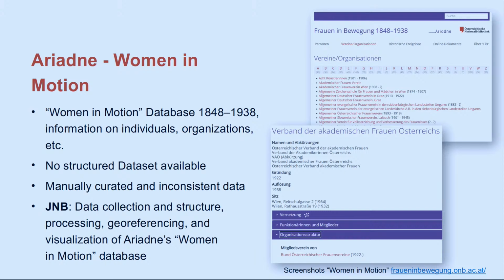But there was no simple CSV file which we could work with. So the goal was to develop a Jupyter notebook to get this information, structure it, and then get information out of it.